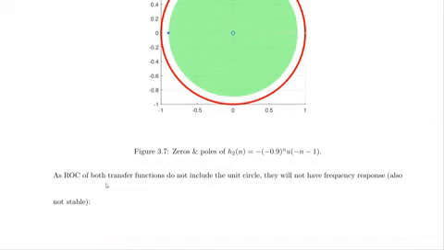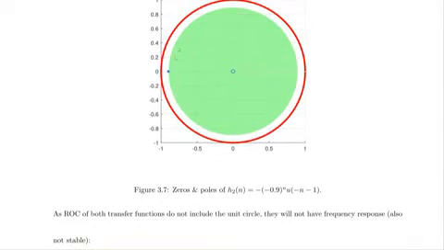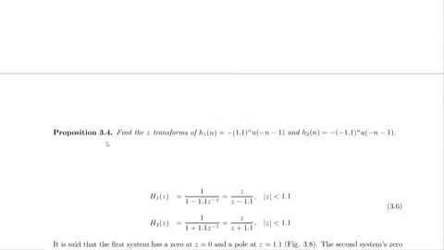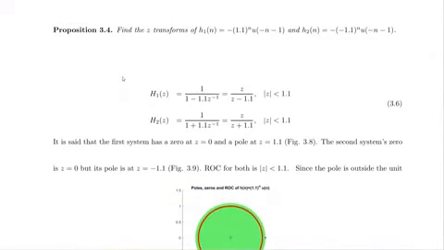Okay, so there is no frequency response for these two systems because the ROC doesn't contain the unit circle. Okay, what about the next example?